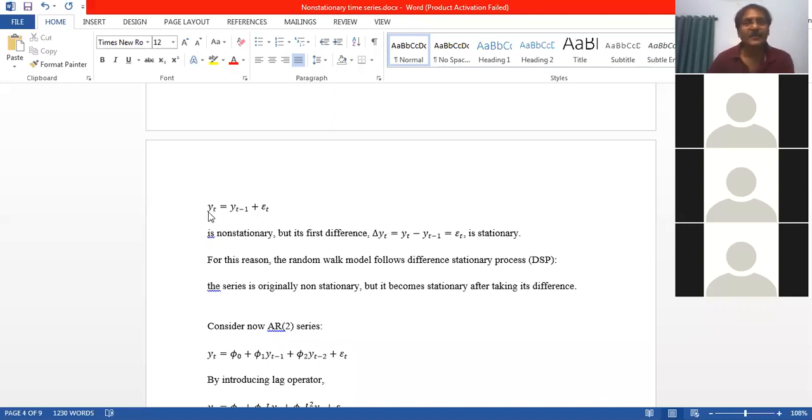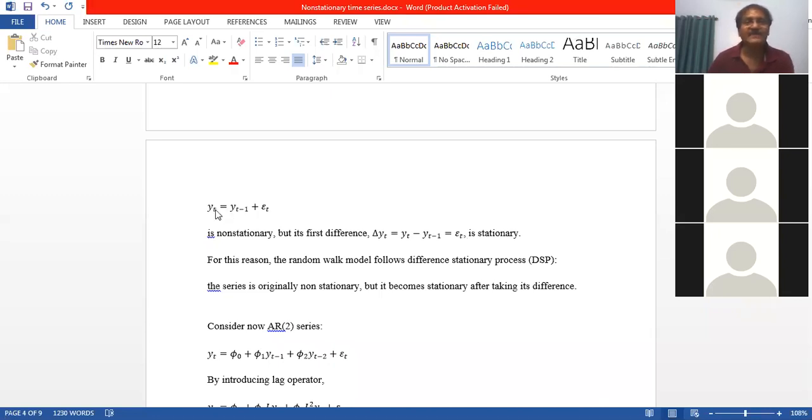If yt follows random walk, yt is non-stationary with unit root. But if we consider the first difference of the series, the value of the first difference is epsilon. And by assumption, epsilon is white noise. That is, epsilon t is purely random variable.